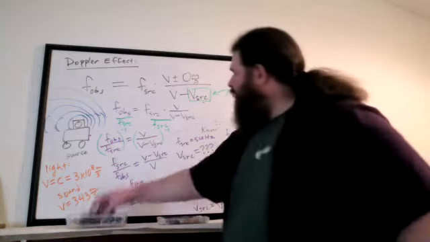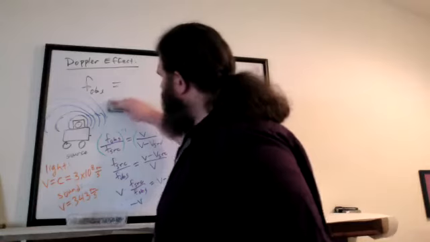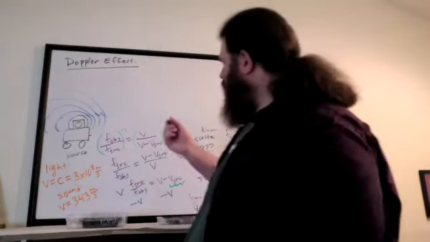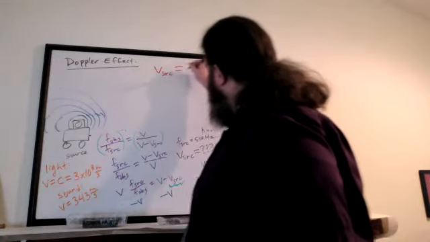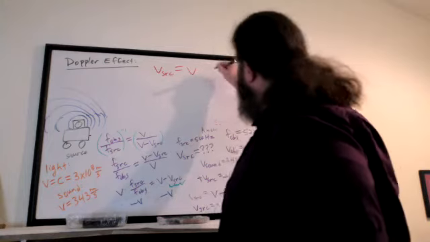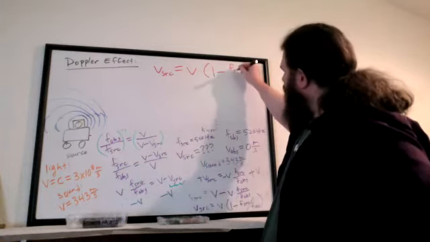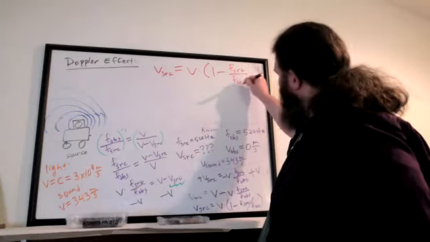So let's substitute those in and see what we get. At this point, we now have speed of the source equals speed of sound times 1 minus the frequency created by the source over the frequency observed by the listener.